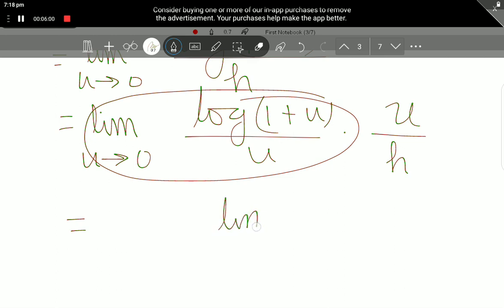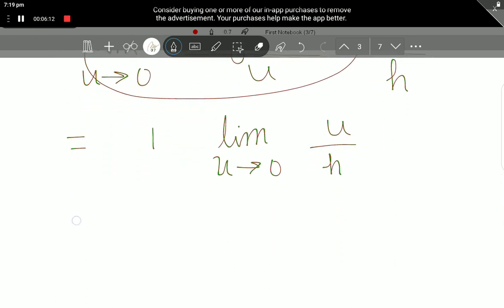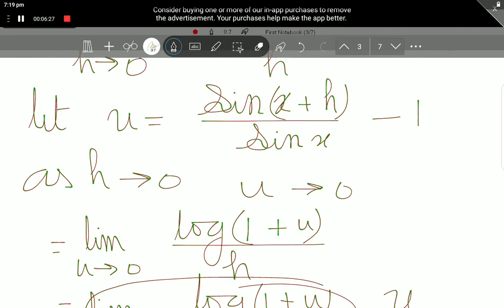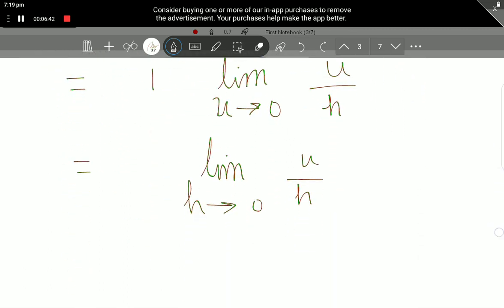This is just equal to 1 into limit u tends to 0, u by h. But as u tends to 0, h is tending to 0. So this is limit h tends to 0, u by h. Let's recall what was u. u is sin of x plus h by sin x, minus 1.